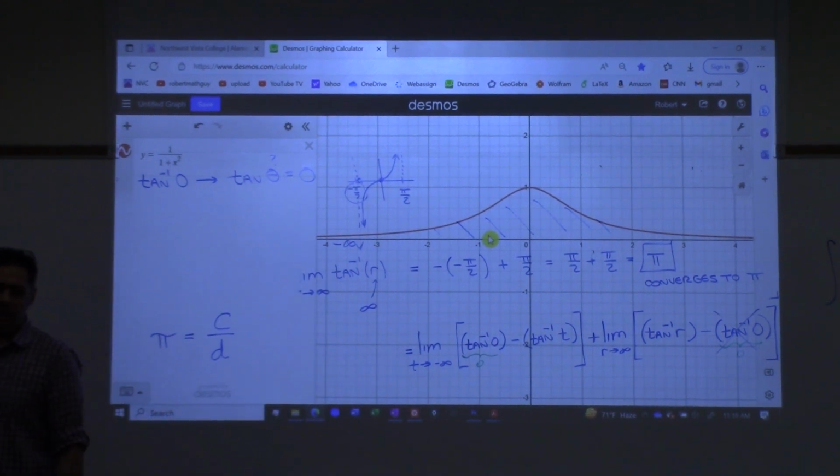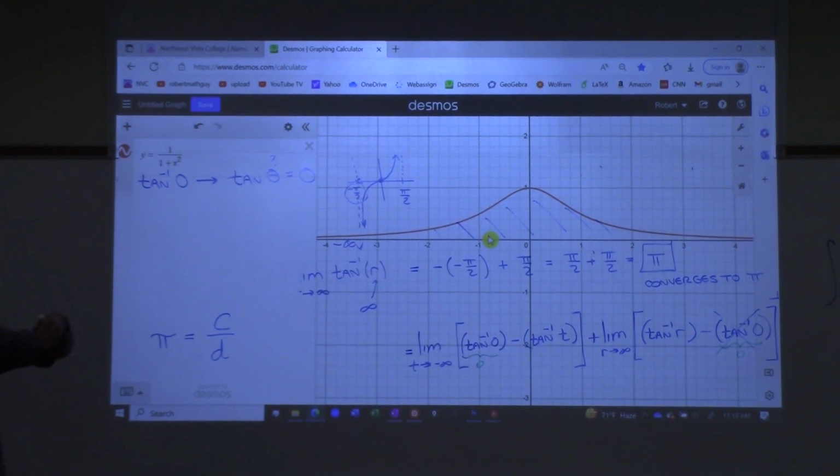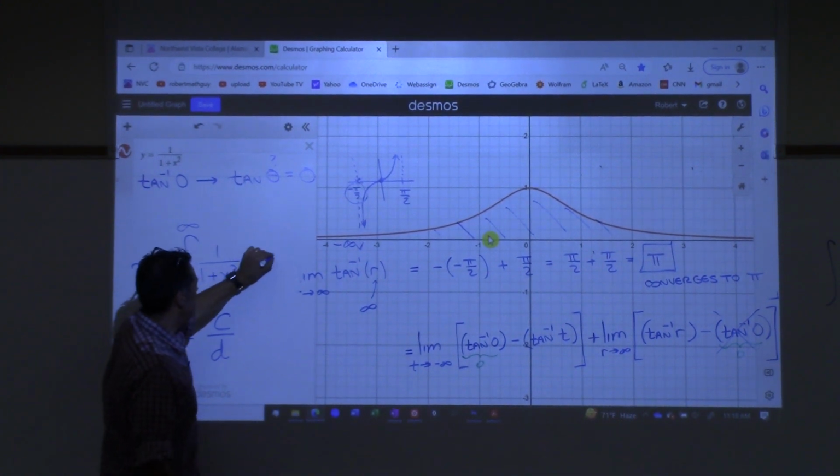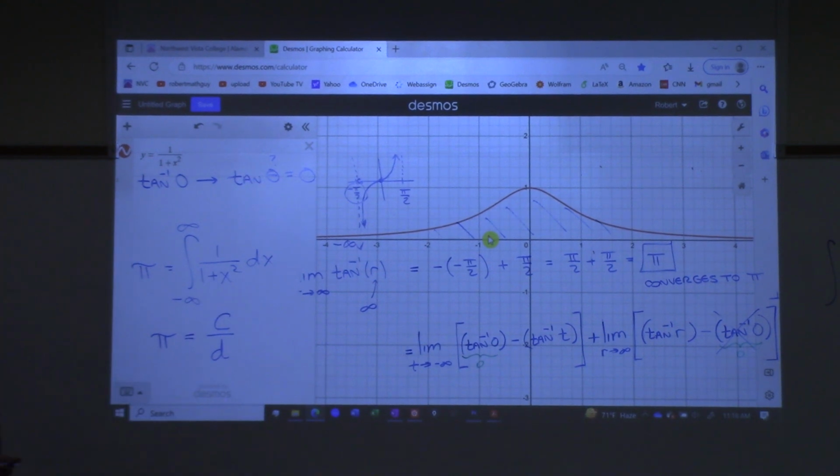That's a very clean definition of pi. Another definition of pi is the area underneath this curve between negative infinity and infinity. That is a second way that you could define pi. It's like you could write the number 1 in infinitely many ways. There are infinite ways to write pi as well.